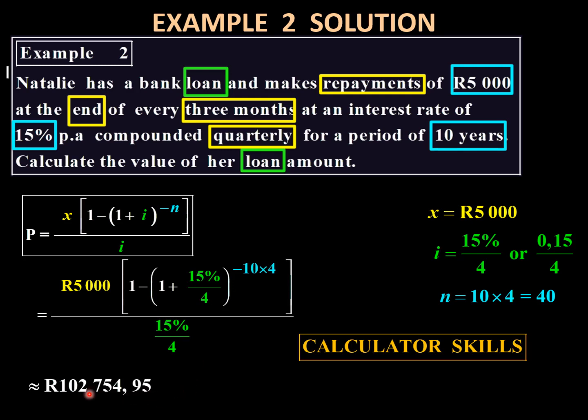So the loan amount that you had to take was 102,754 Rand and 94 cents there, right? Again, as I said, do the calculation twice. Make sure that you have entered the values correctly. You could also type in that instead of that special key on the calculator, you can say divided by 15% over 4.